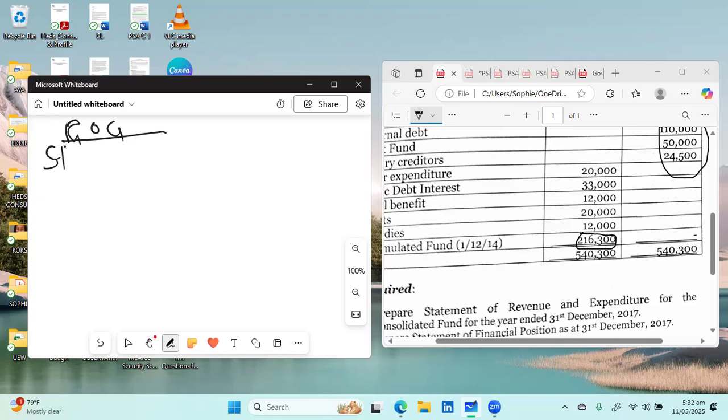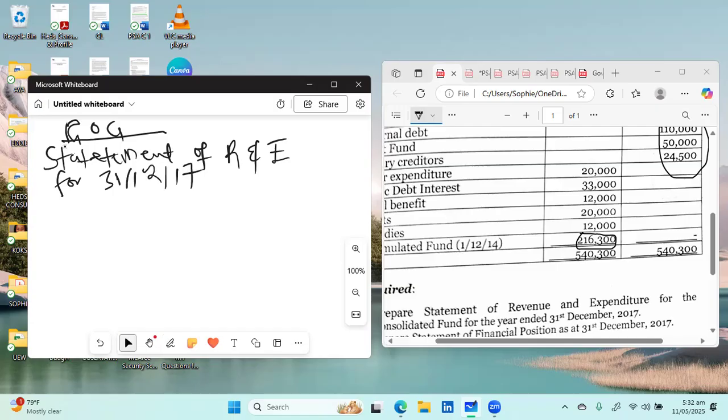Then statement of revenue and expenditure for the year ended 31st December 2017.